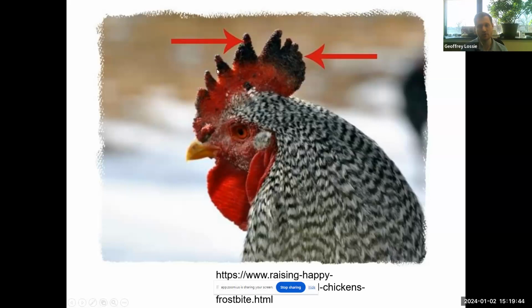Now, this bird is going to lose all of these points to their comb, and it's going to end up being kind of a flat linear comb. This is very common any time that you have temperatures that are below freezing. You can run into issues with frostbite, but again, it helps to know normal versus abnormal. So coloration is very important.